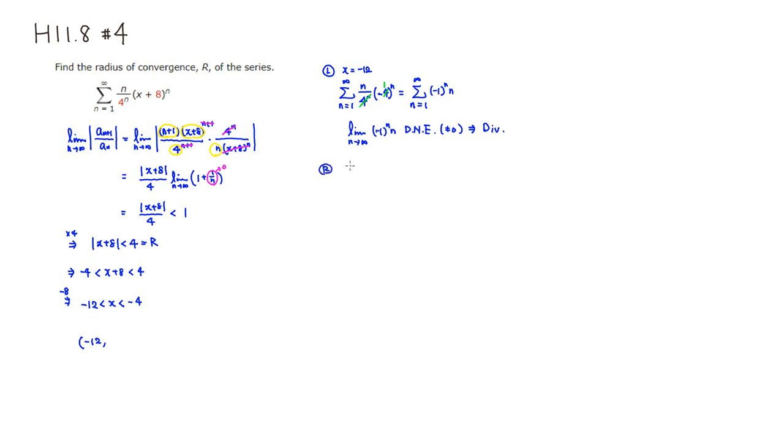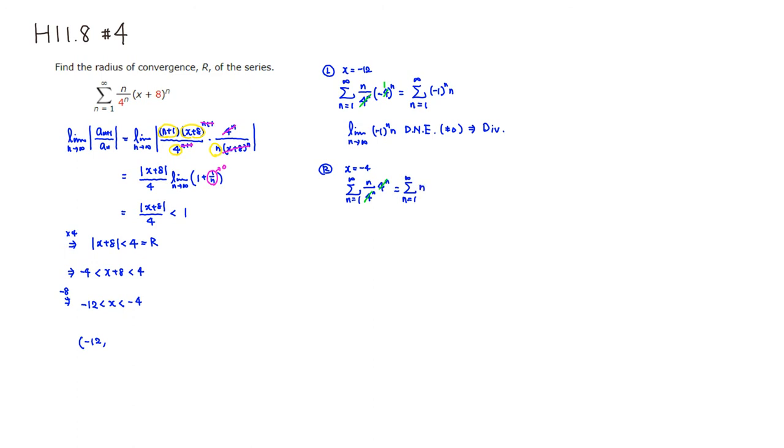Let's check the right endpoint. Let's try when x equals negative 4. Then the series is going to look like this: you have n over 4 to the n, and with negative 4 plus 8 you have 4 to the n. So you can cancel 4 to the n with 4 to the n. You have the sum, n goes from 1 to infinity, of n.